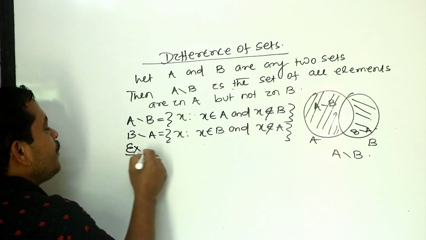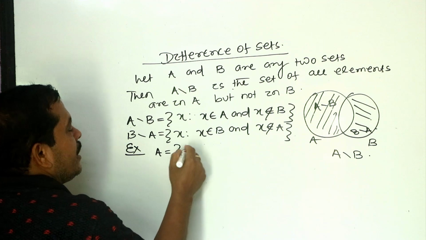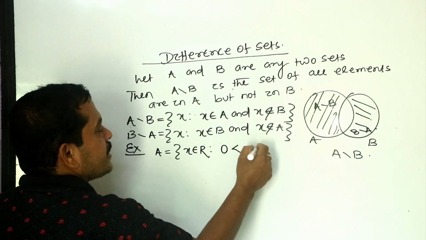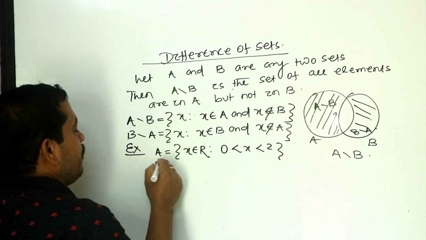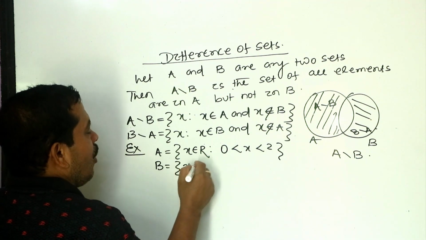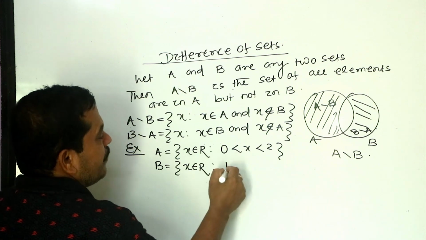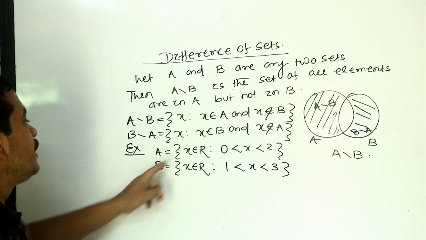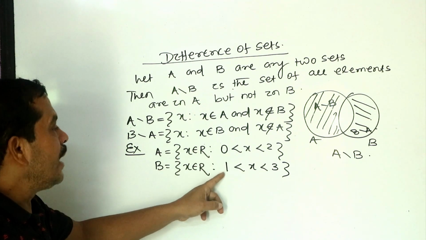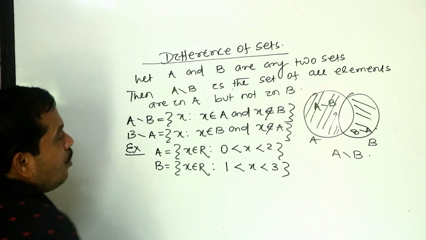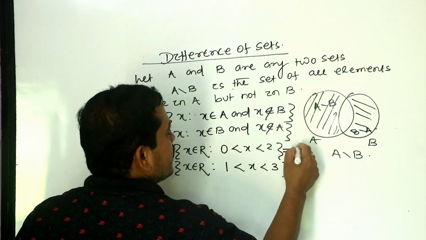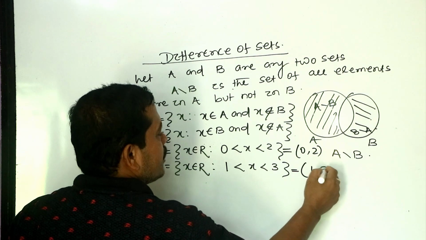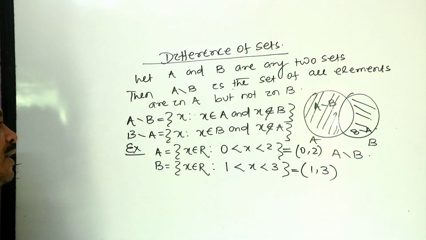For example, if set A contains all real numbers x with 0 less than x less than 2, and B is the set of all real numbers x with 1 less than x less than 3. This is an infinite set and this is also an infinite set. We can represent this set as the open interval (0, 2). Here also we represent as open interval (1, 3).